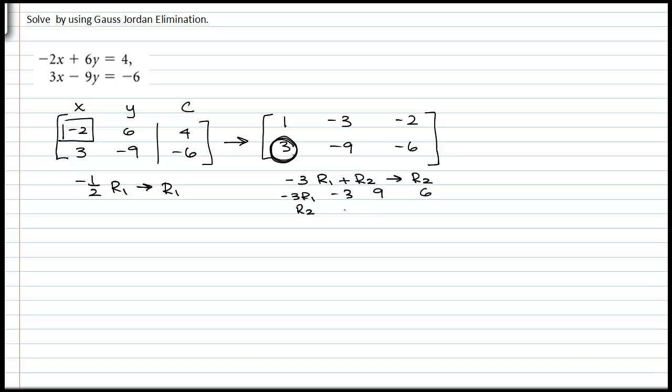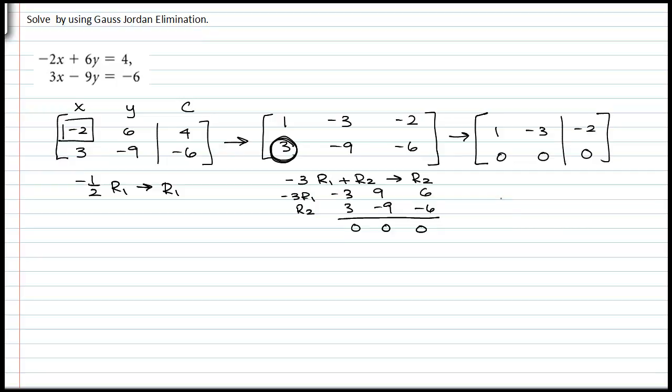And when I add it to row 2, I get 3, -9, and -6. So I get all zeros. When you get all zeros, then you need to stop and evaluate what you have.